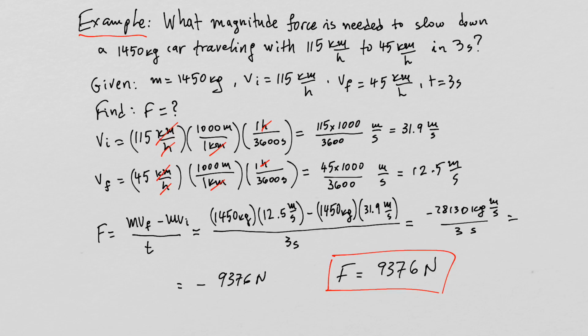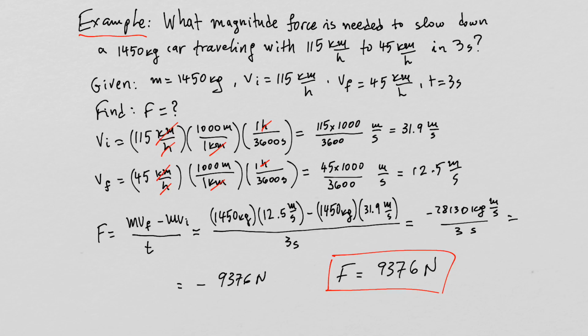So what is the meaning of this minus sign here? Well, the meaning of the sign is that as the car is moving in one direction, let's say to the right, the force that acts on the car to slow it down from 115 kilometers per hour to 45 kilometers per hour acts in a direction opposite to the direction of motion.